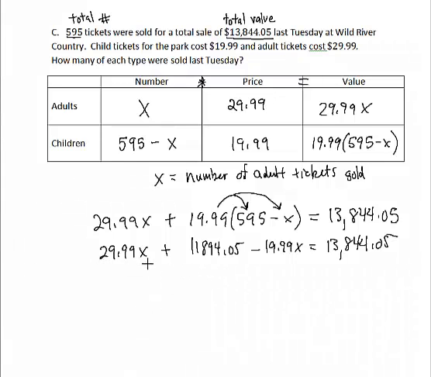On the left we have two x terms, and if we combine those, 29.99 minus 19.99 would give us 10x. We can bring down our $11,894 figure to the next line.